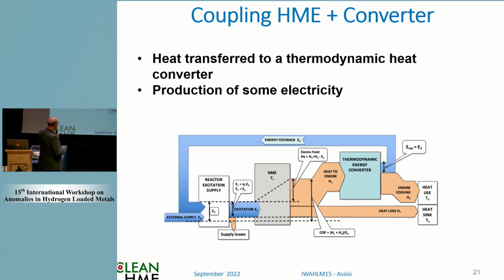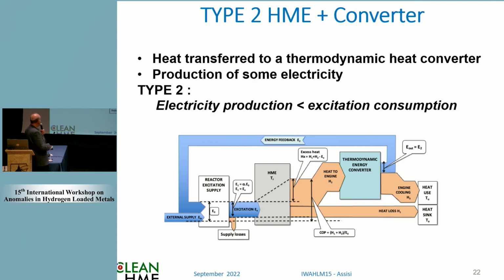Now, this is on the way to type 3. You can take this heat coming out to a thermodynamic energy converter, and this electricity can be fed back to the excitation. But in this case, it's not enough. You still need some electrical input.